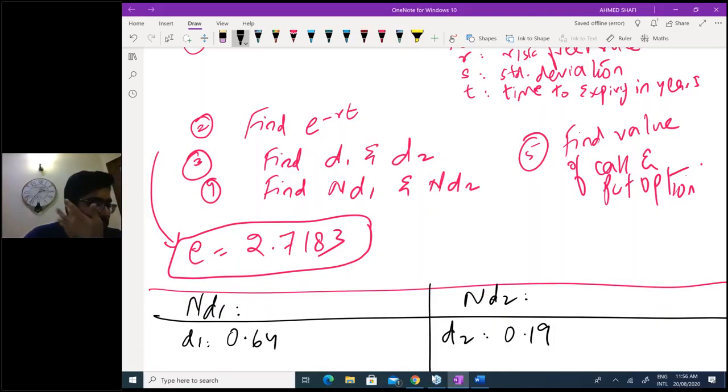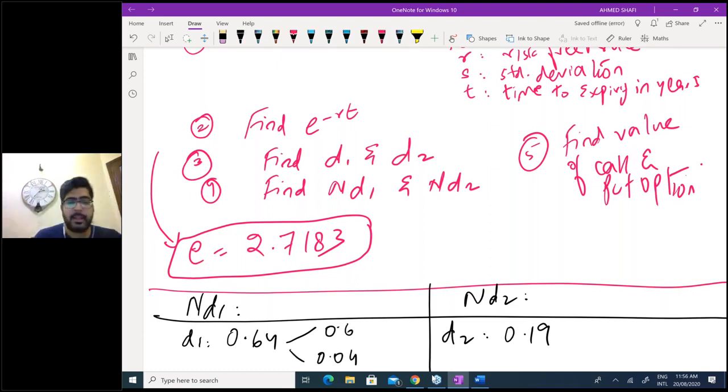Now, once you got d1 and d2, you need to break them into single decimal and double decimal, right? 0.64 should be broken into one single digit decimal figure, 0.6, and 0.04. The total is 0.64. And d2 shall be broken into one single digit, one double digit, 0.1 and 0.09.